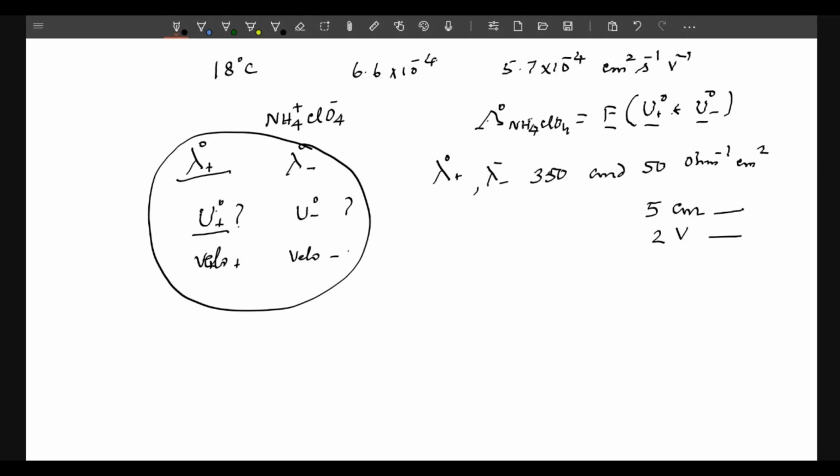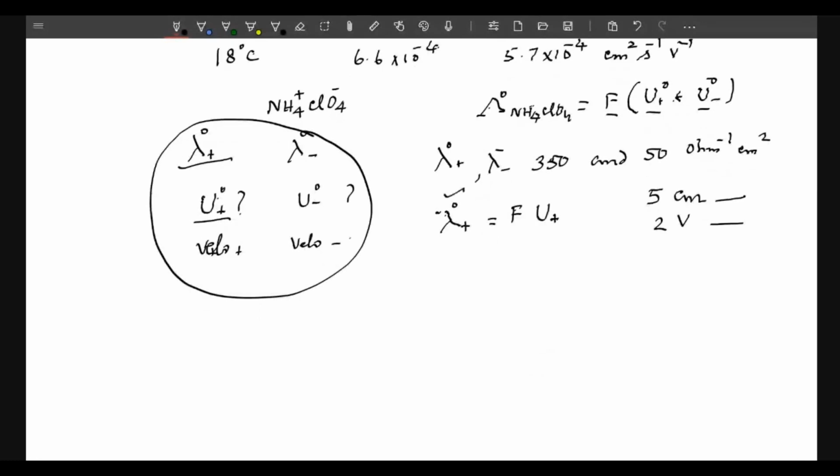Lambda plus is equal to F into U plus. Here they have given this one, they are asking this one. Is it possible for you to calculate this? U plus can be calculated by dividing by Faraday. You know this.